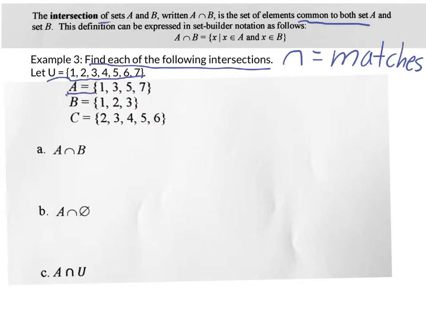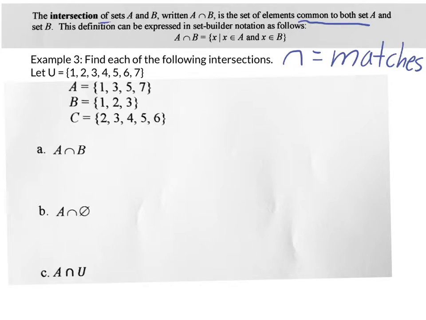Subset A is the set with 1, 3, 5, 7. Subset B is the set with 1, 2, 3. And subset C is the set with 2, 3, 4, 5, 6. So they give us a bunch of subsets of the universal set to work with. So we're going to use these sets for parts A, B, and C.